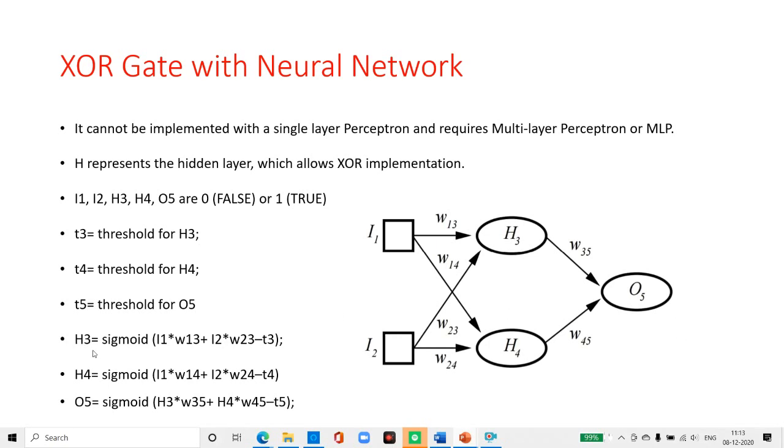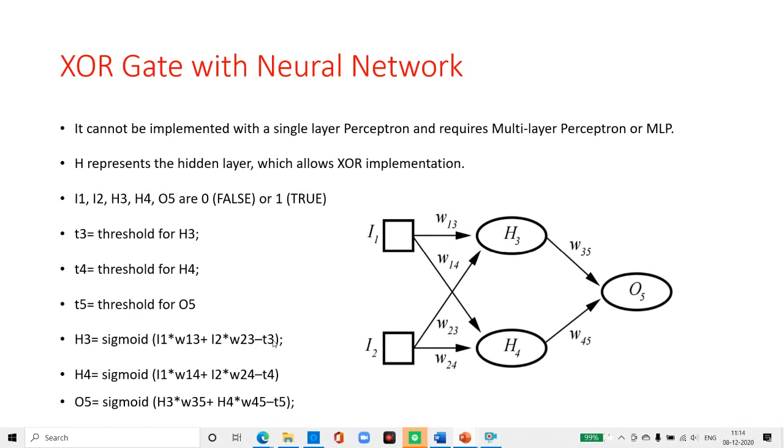Here H3, the hidden layer, equals sigmoid. Here we are applying the activation function sigmoid. So input 1 into W13 plus input 2 into W23 minus T3. In the sigmoid, it is the summation of the product of input and weight, minus theta.